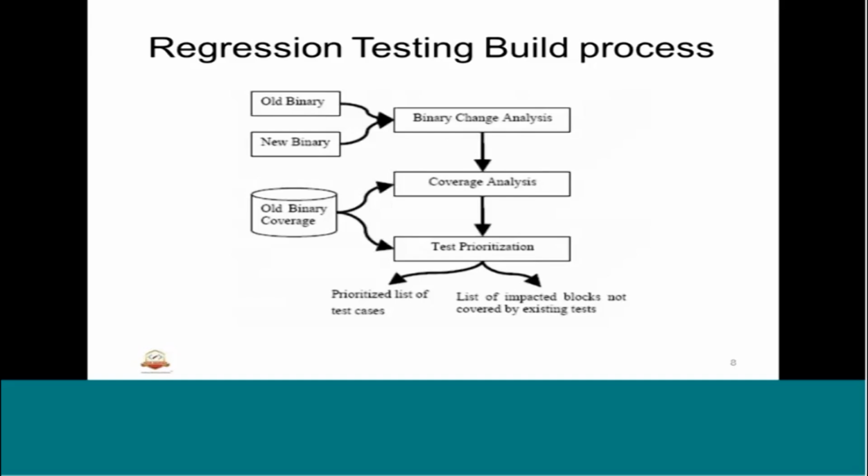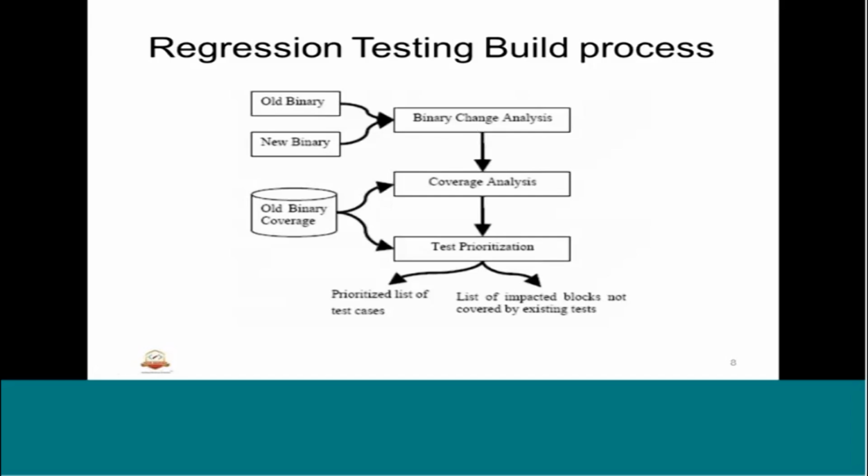So, as one example, you can see a diagram here that has been put for the regression testing build process. You can see a repository of old binary and new binary will be added to the analysis, binary change analysis.